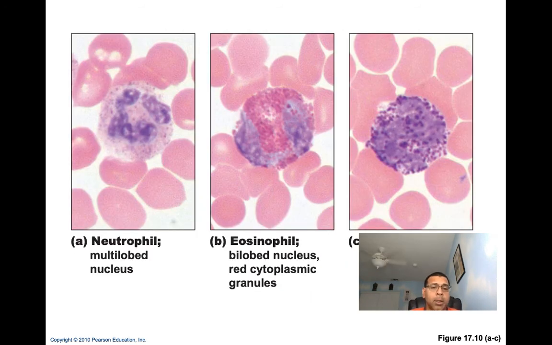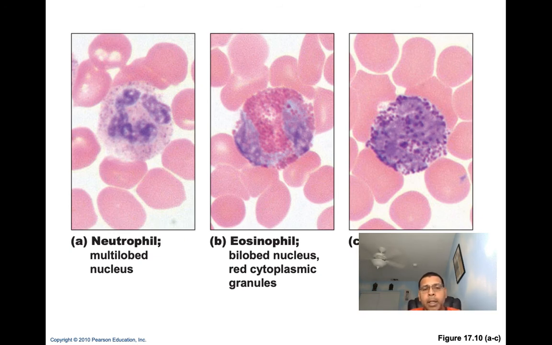Let's talk granulocytes. Granulocytes contain these obvious membrane-bound cytoplasmic granules, hence the name granulocytes. First we have neutrophils. Neutrophils are the most numerous white blood cell. They make up about 50 to 70%. When you talk about their structure, they stain a pale lilac.